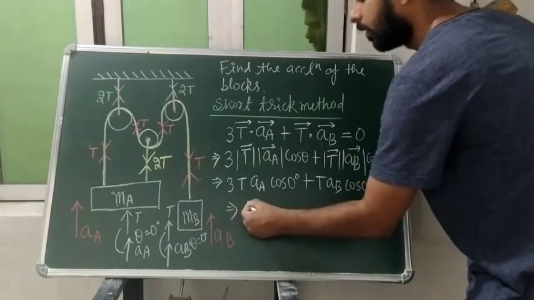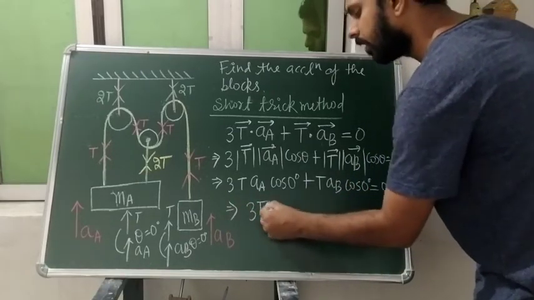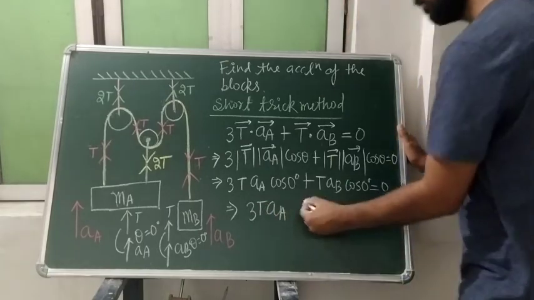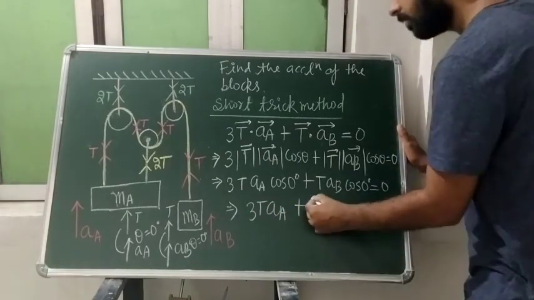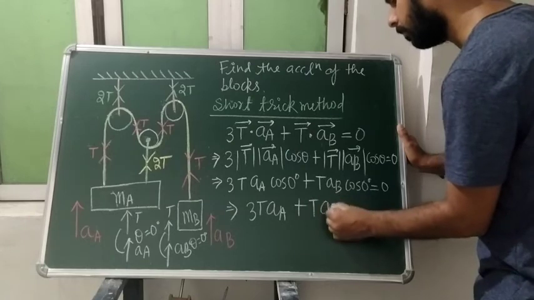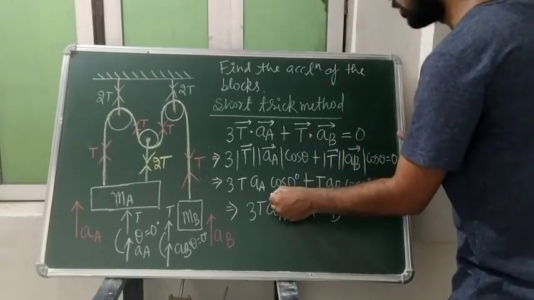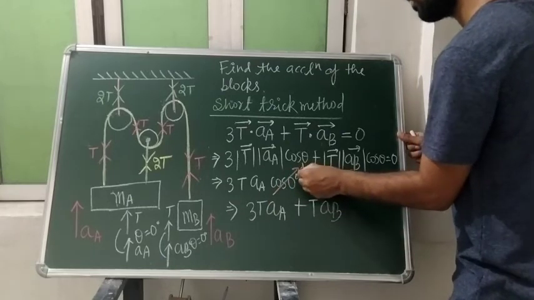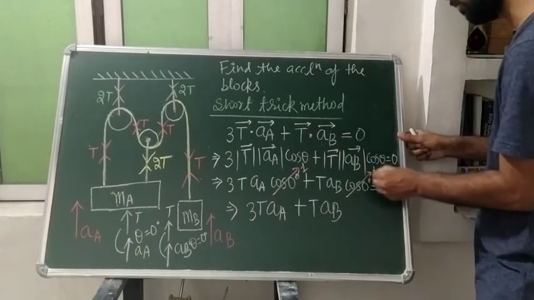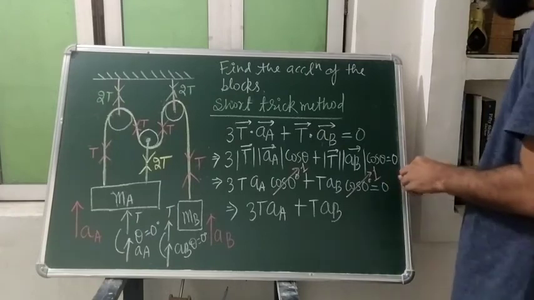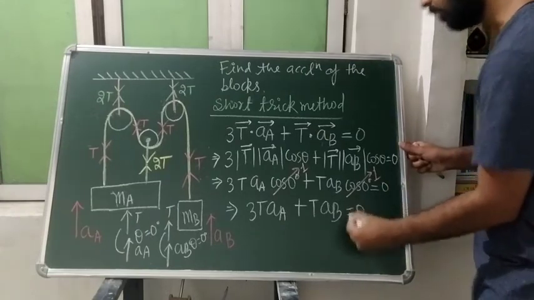So this will give us what? 3T times the acceleration of block A, plus this T times the acceleration of block B, and cos 0 will become 1. You know cos 0 equals 1, and that should be equal to 0 here.